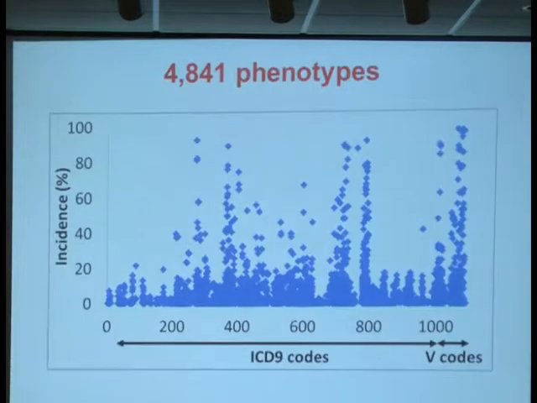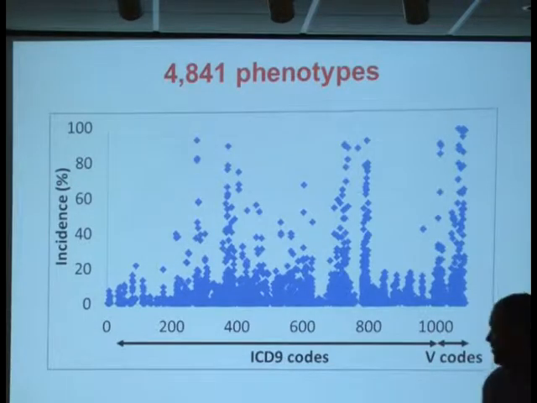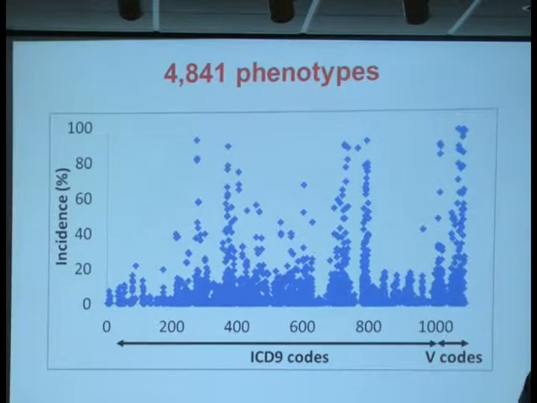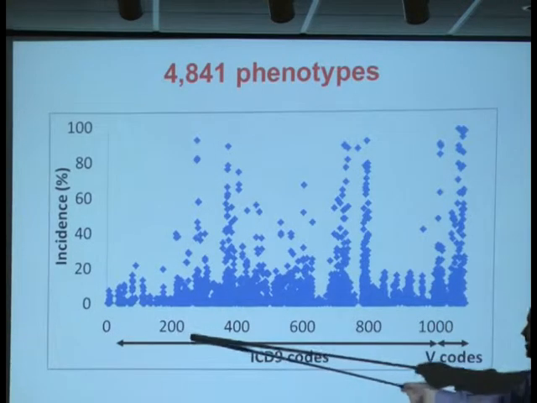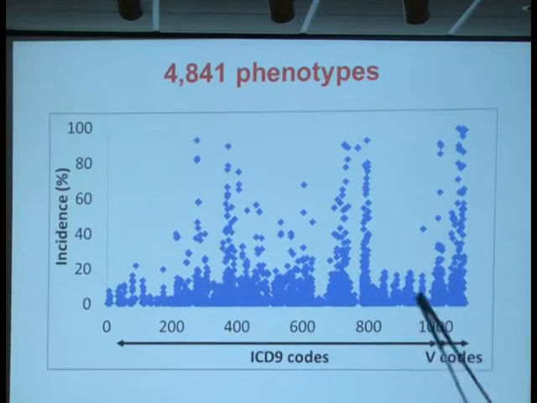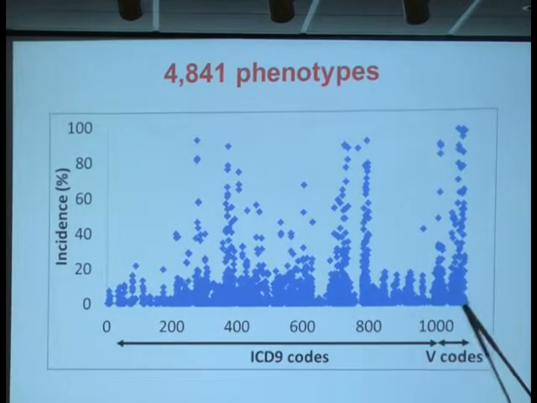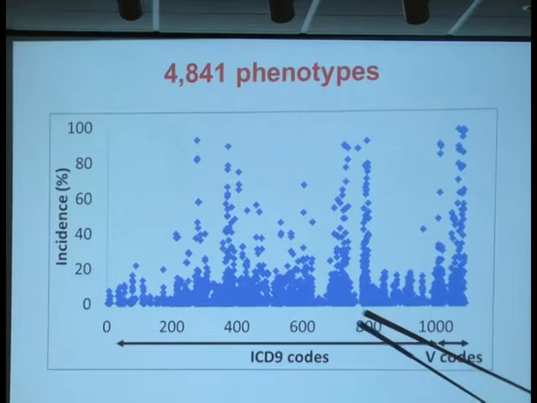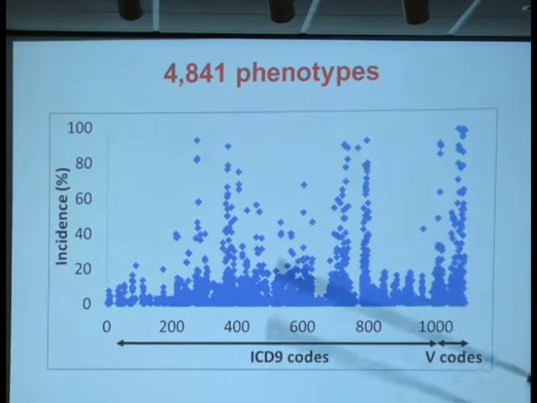Now to transfer this into a different type of figure, so no longer am I looking at unique codes, now I'm looking at the prevalence, the frequency of each of these codes across the entire ICD-9 spectrum. So this is 001 to 999, and then we have some incidental V codes. I won't talk about that, but it's also part of this ICD-9 coding system. And for some codes, they're extremely common.